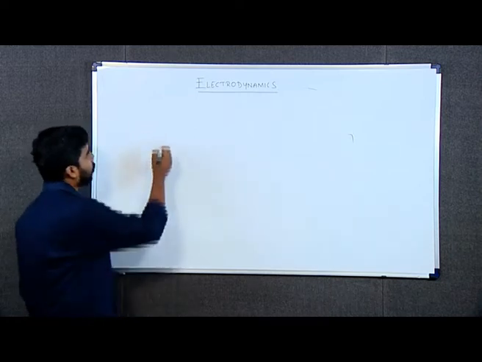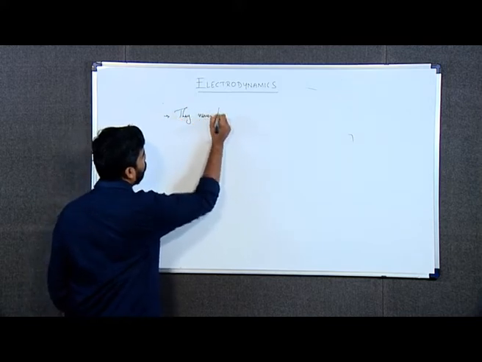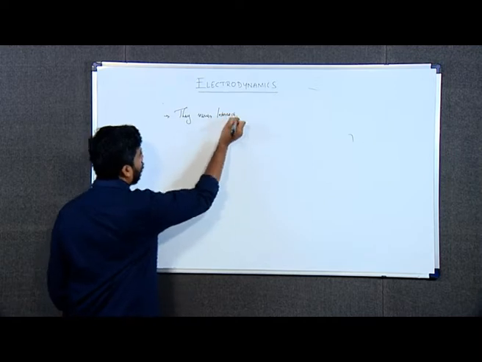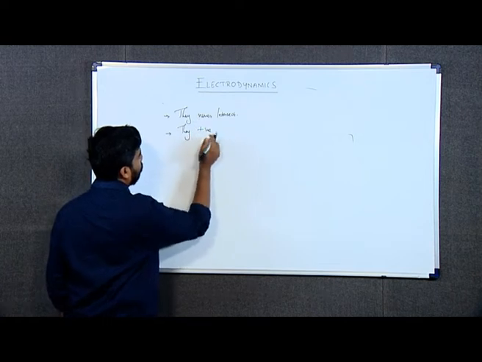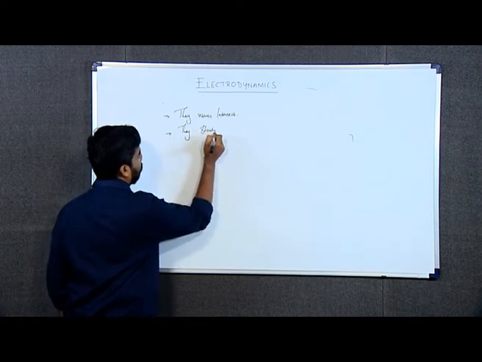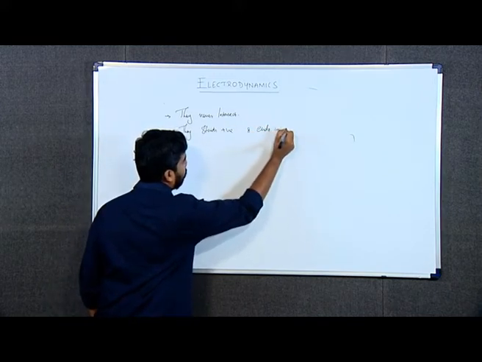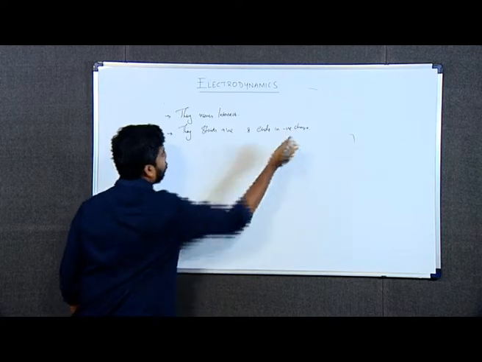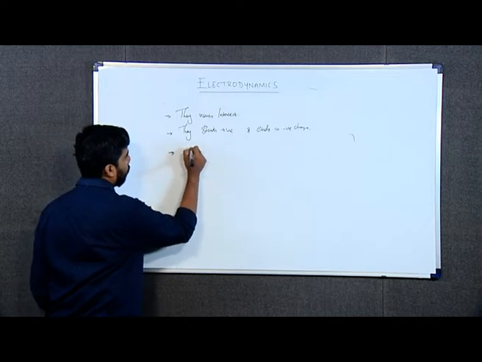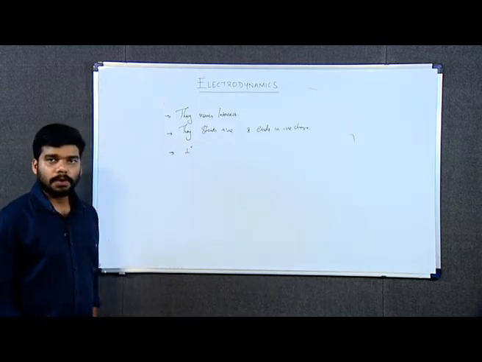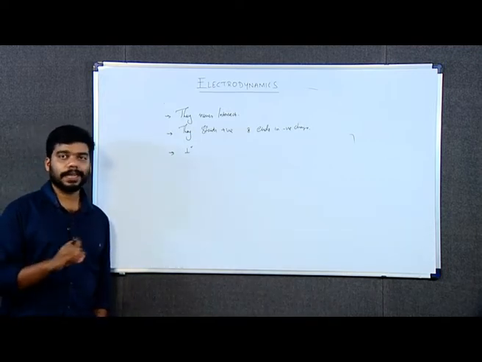Some of the properties of electric field lines are they never intersect, and they start from the positive charge and end in the negative charge. And through a surface, they are always perpendicular to the surface. These are the properties of an electric field line.